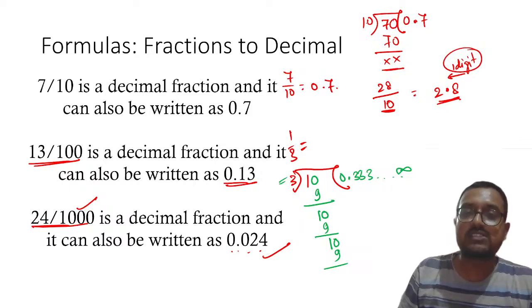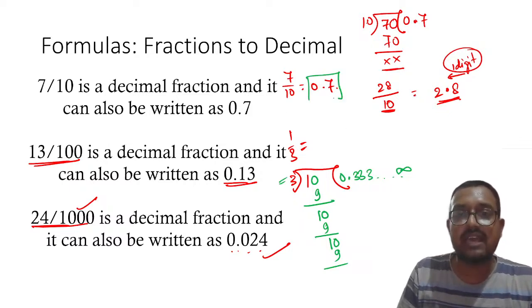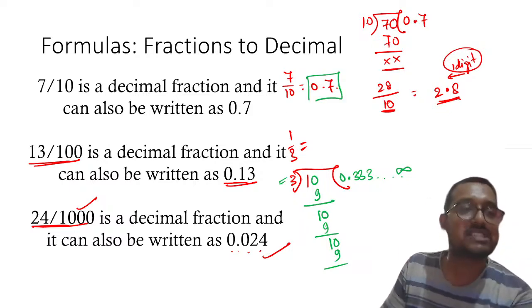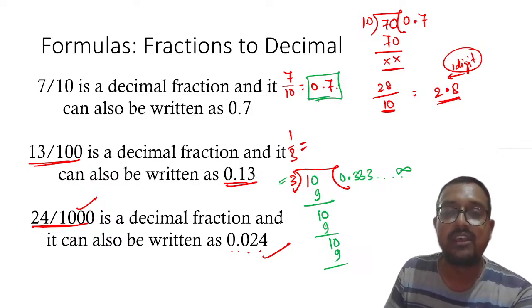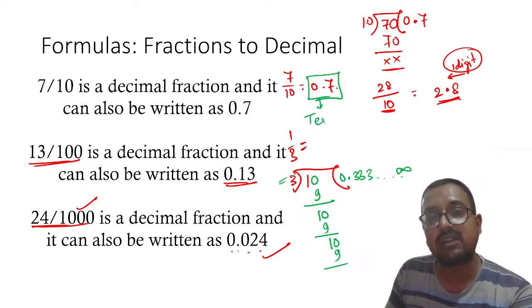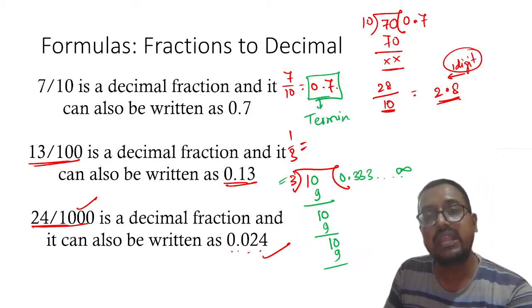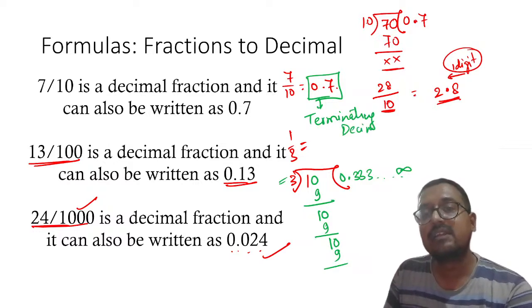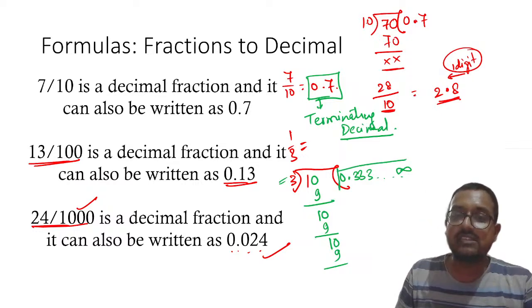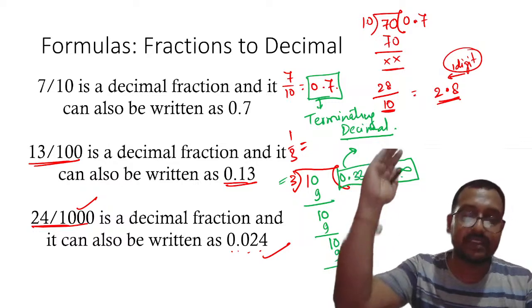Understood? So this is called, see, this has a certain stoppage. 0.7 means exactly 0.7. So we call it terminating decimal. There is no repetition. It is terminating at a certain point. Here it is not terminating. It will go up to infinite.